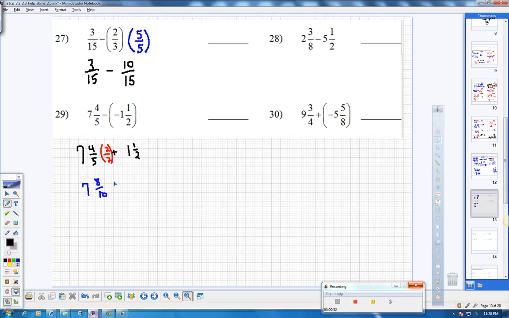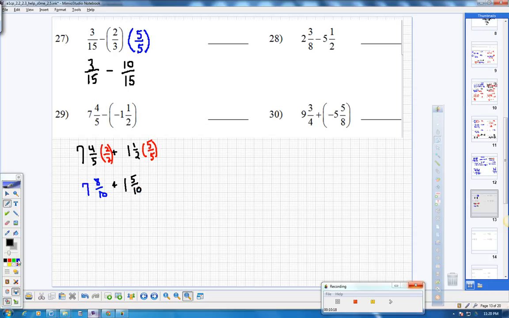Add to that 1. Oh, and I need to multiply 1/2, hopefully you're thinking 5 over 5. So 1 and 5/10. And you probably could have completed that without even writing it, 1/2 is the same as 5/10.